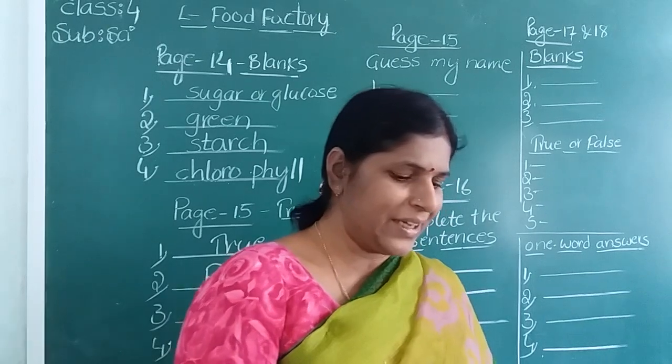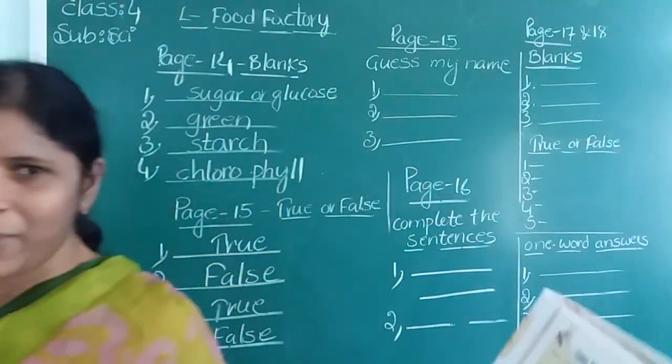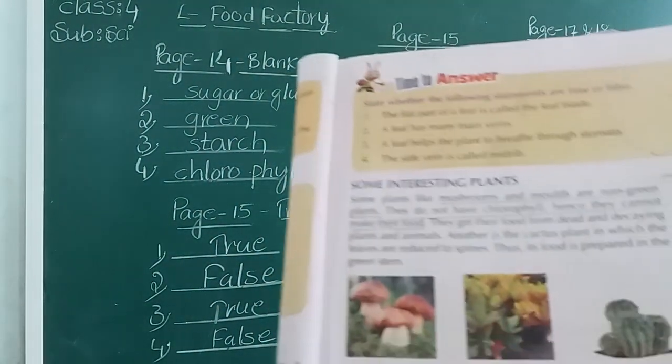Next, they are asking us to guess my name. Day before yesterday I taught about unusual or interesting plants. Read here: I get my food from dead and decaying plants and animals. Who is that?